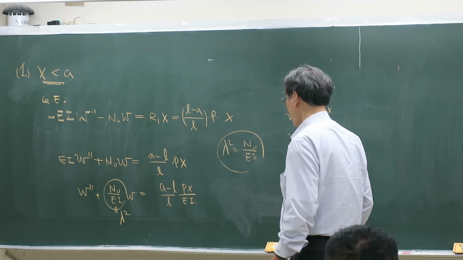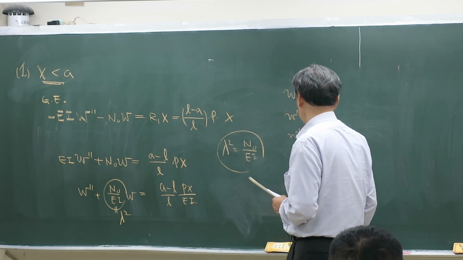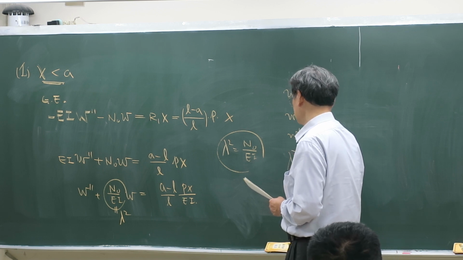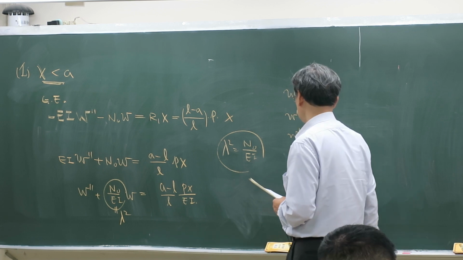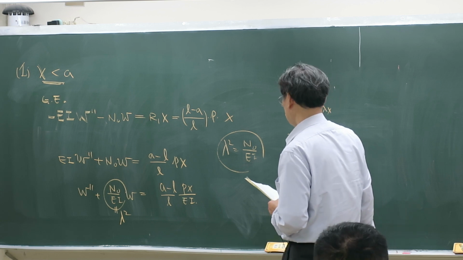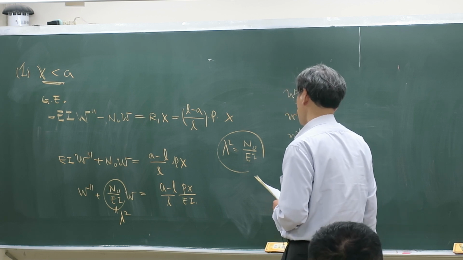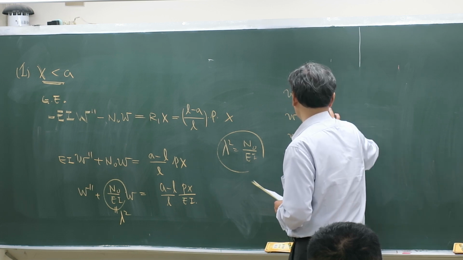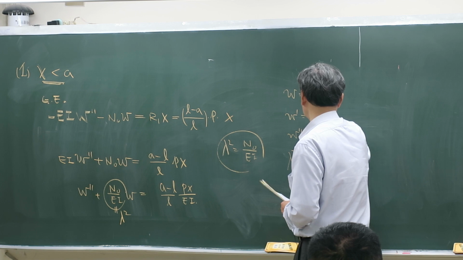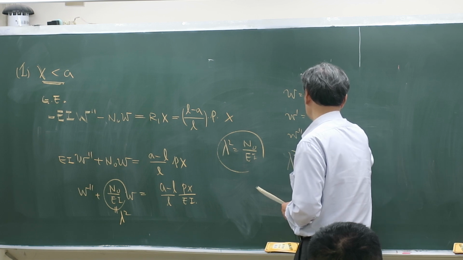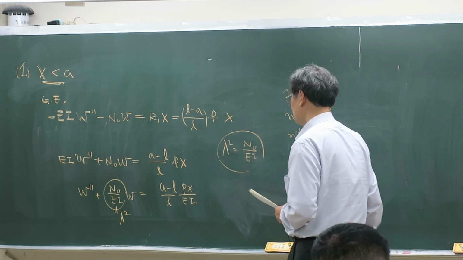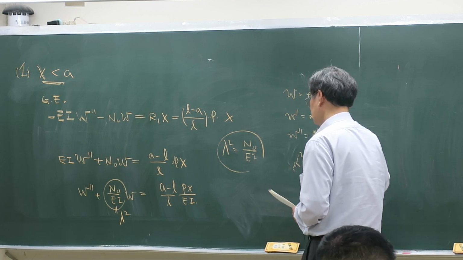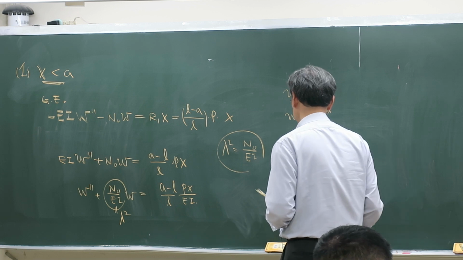So I have the eigenvalue problem: alpha square plus lambda square equal to 0 for the homogeneous solution.